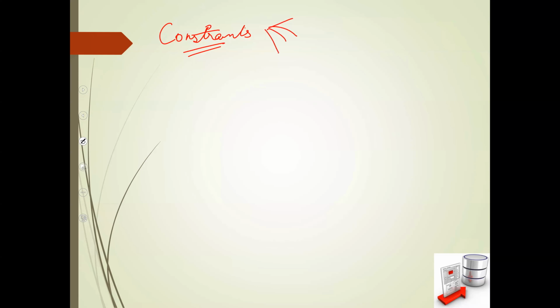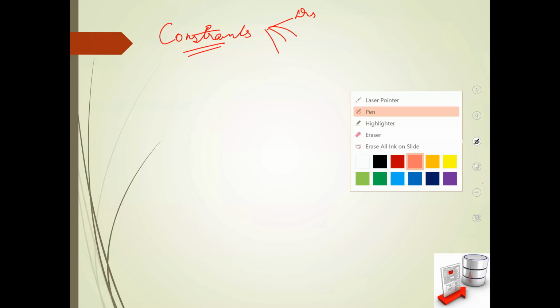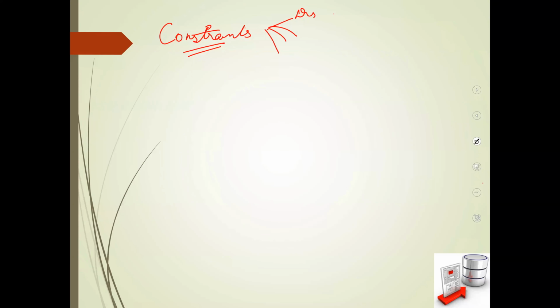You call them disjoint, overlapping, total, partial.